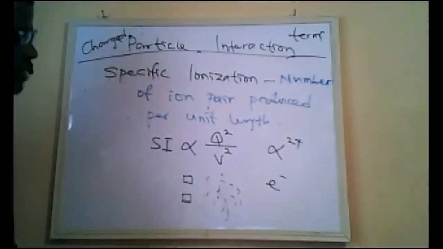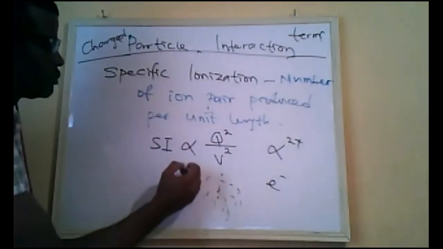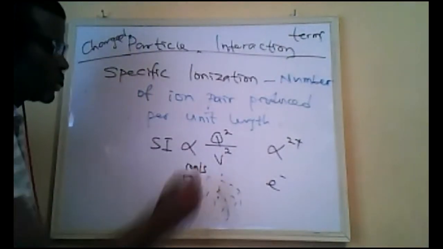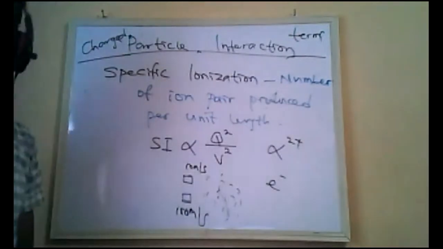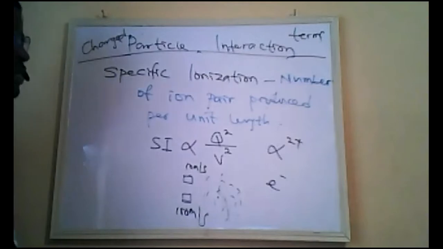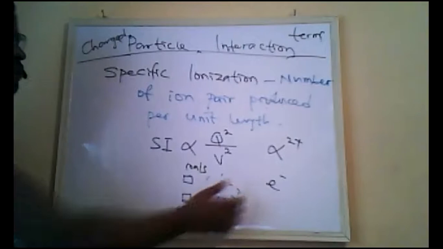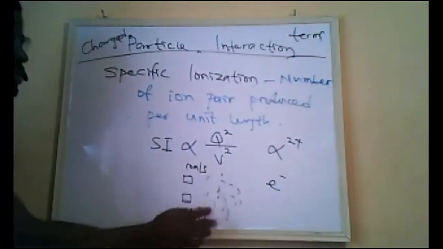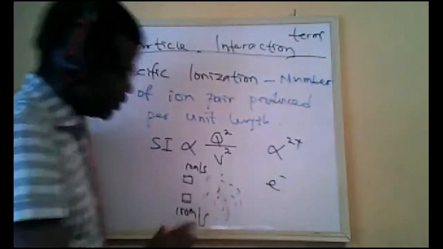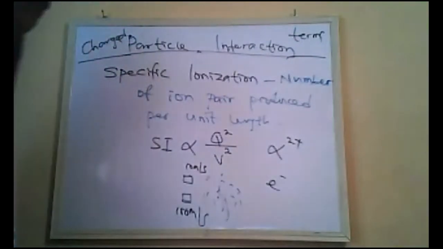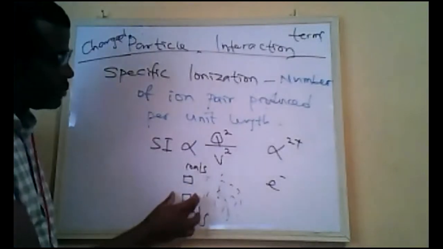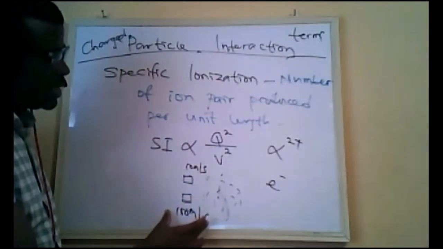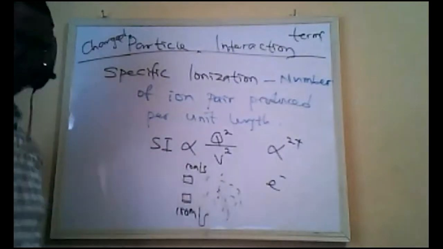So we have two magnets moving. This one is moving with maybe 10 meters per second. This one is moving with 100 meters per second through this place. What will be the effect on the number of iron filings captured by this and this? This one is moving slowly, and this one is moving very fast. I think it will interest us to know that the fast one will capture fewer iron filings because it is moving at a very fast rate.